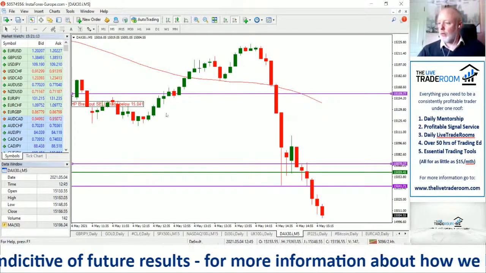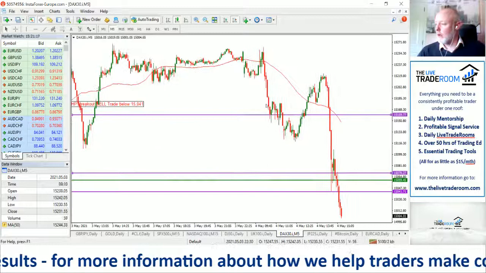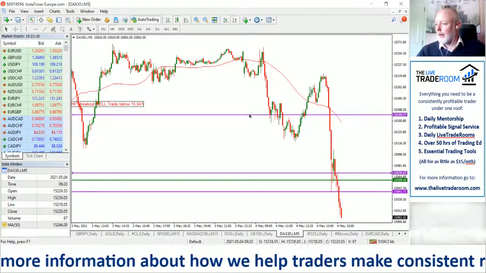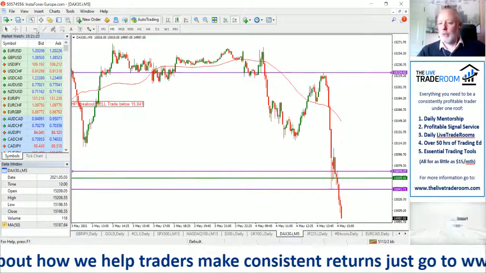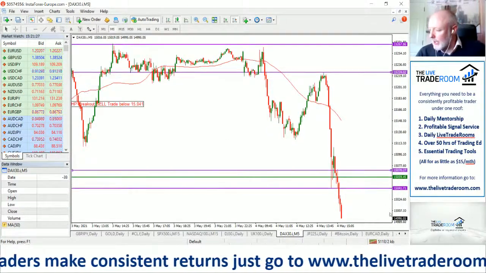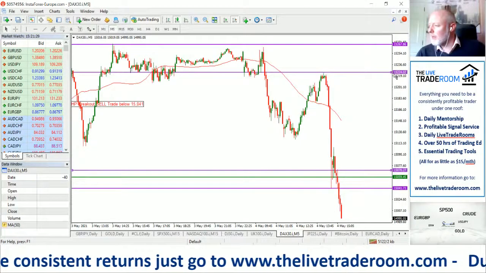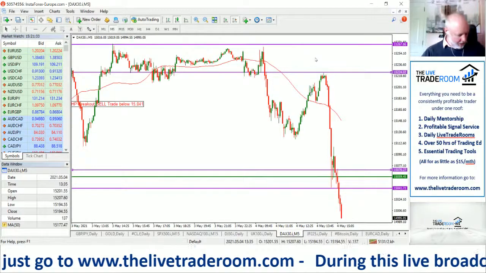Okay, so the only problem we have with the DAX is stop loss placement. So the entry, let's say 15,000, was 15,224, 15,267.